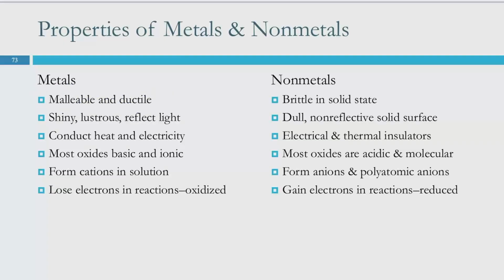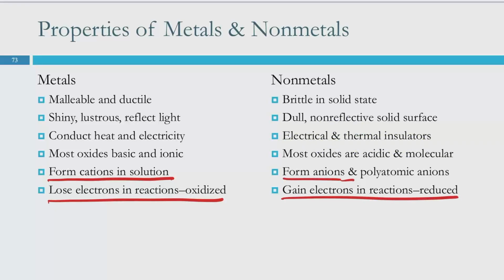You can bend them into different shapes. You can pull them into wires. They're shiny, they're often lustrous, they can reflect light, they conduct heat and electricity. They form cations in solutions. They lose electrons in redox reactions. Nonmetals tend to be brittle, dull, non-reflective. They're insulators. They form anions, and they tend to gain electrons in reactions.